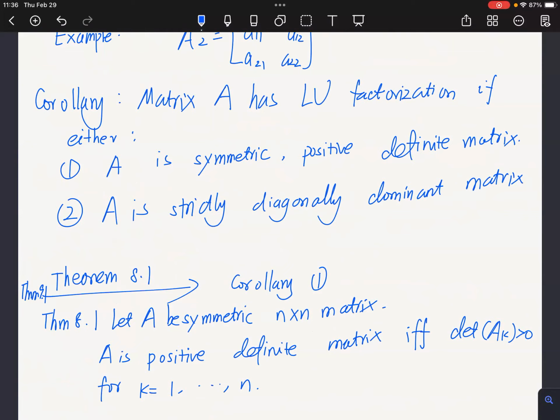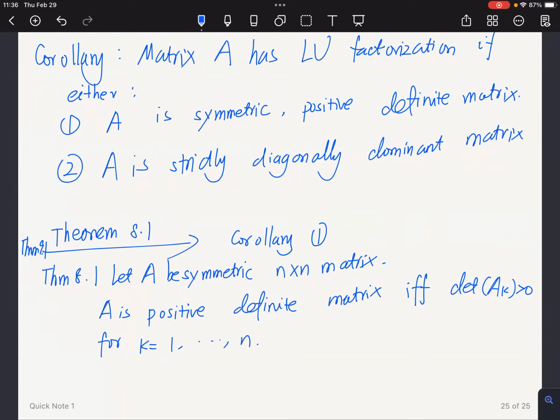And what about the second one, strictly diagonally dominant? What does that mean? This one is really useful because it's easy to check whether a matrix satisfies such a criterion. But this is one of the two situations in the corollary; they are not equivalent.